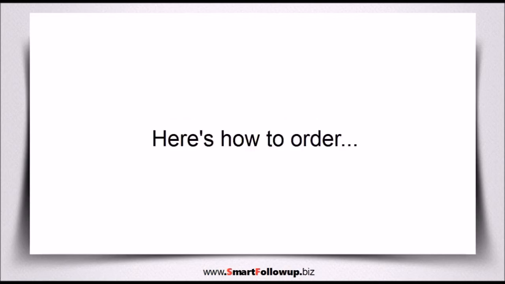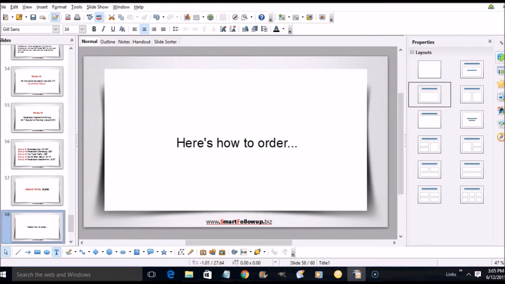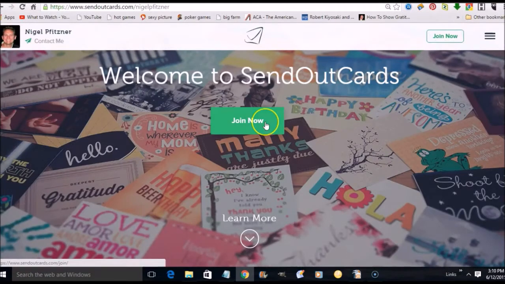So what I'm going to do now is take you back to the Send Out Cards page, and I'm going to show you exactly how to order your gold package. When you click the button just down below, you'll come to this page here, and there'll be a little Join Now button.